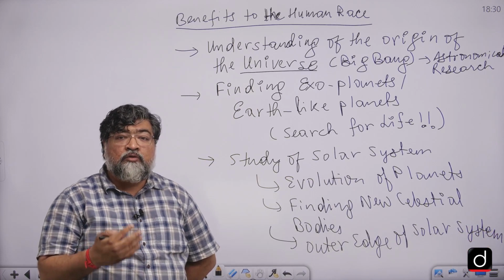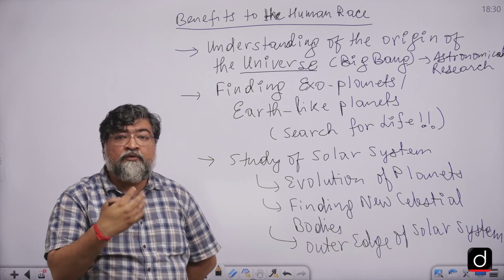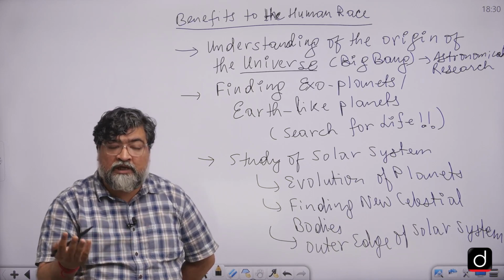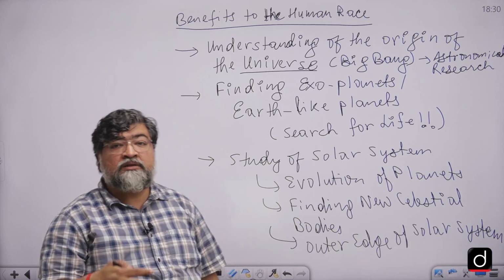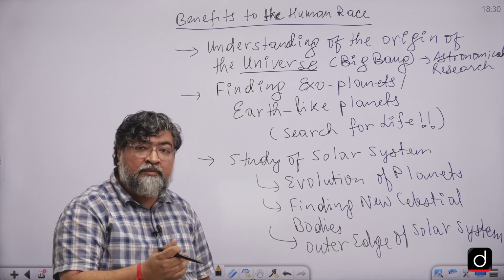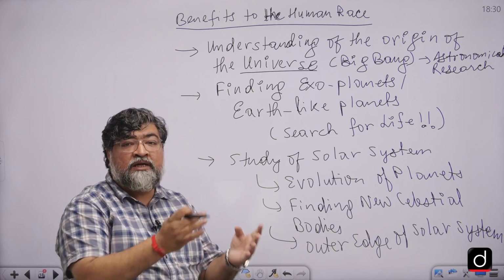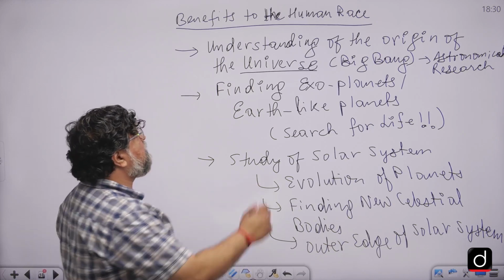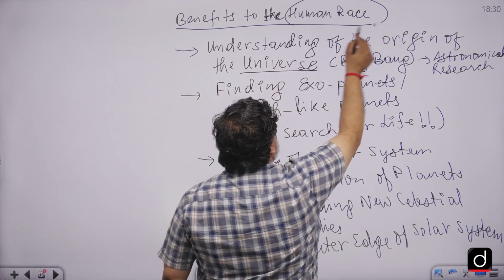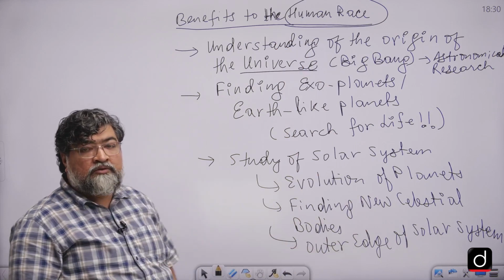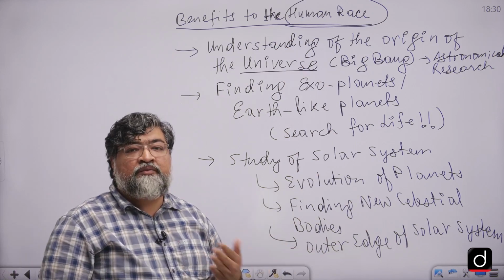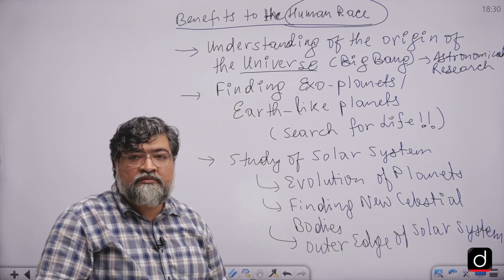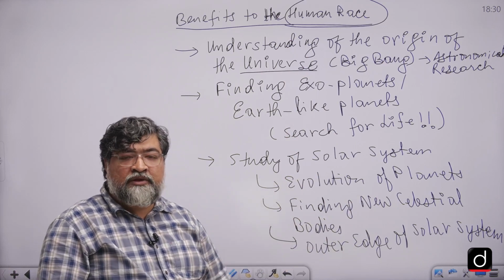That again, looking for life, hunt for life, looking for water, air, atmosphere, other planets, our nearby solar system, or the galaxies. All those understanding will be there. So when we talk about the human race, the one is that in terms of knowledge, where we stand in the universe, understanding mysteries of the universe, all the theories of astronomy.